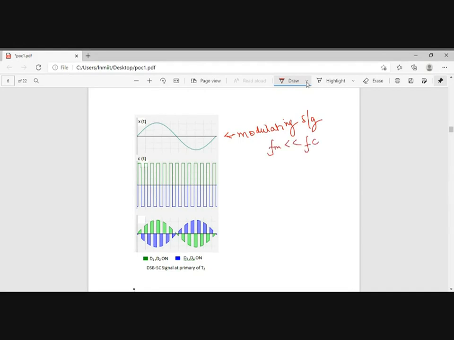This is c(t), having multiple pulses in a particular half. When we see the structure, when there is a positive pulse, we are passing x(t), and the positive part is being transmitted. At this side I will be getting m(t), and at this side I will be getting minus m(t).